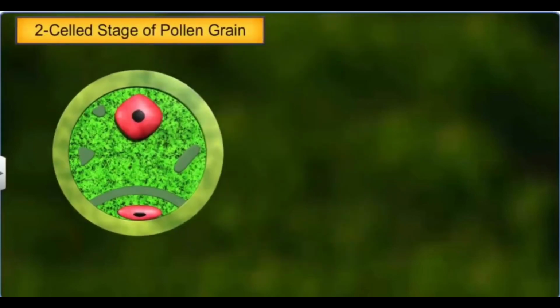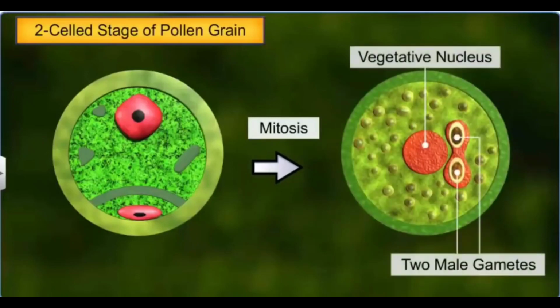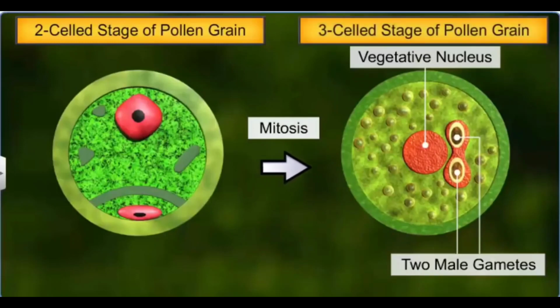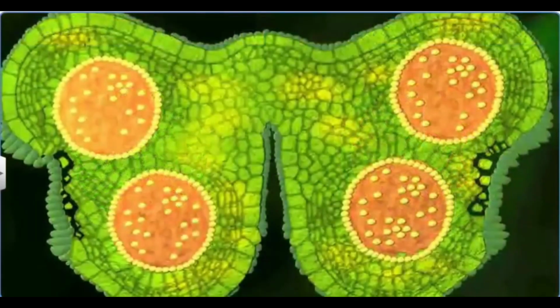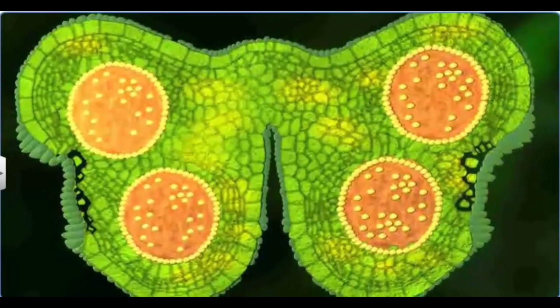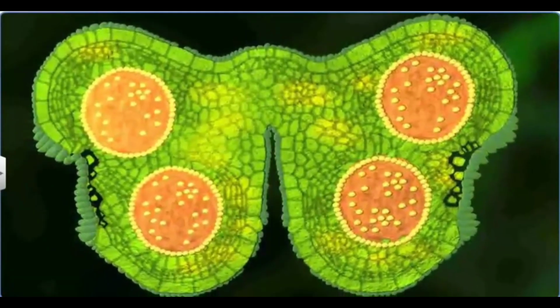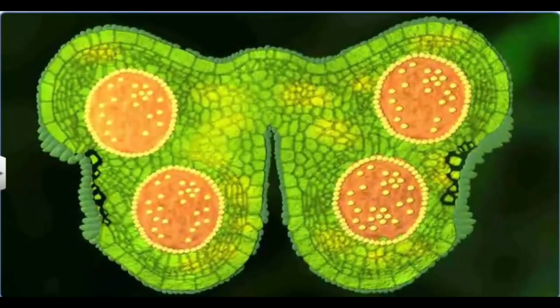Later, the generative cell undergoes mitotic division to produce two male gametes. The pollen grain is now said to be at the three-celled stage. After the formation of pollen grains, the endothecial cells lose water, which leads to tension in their cell walls.